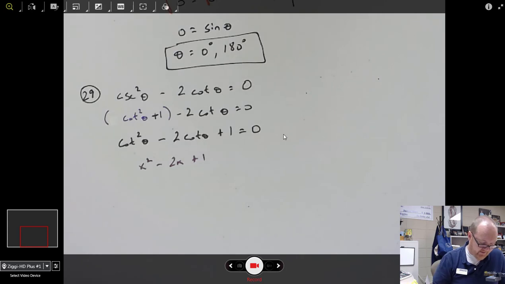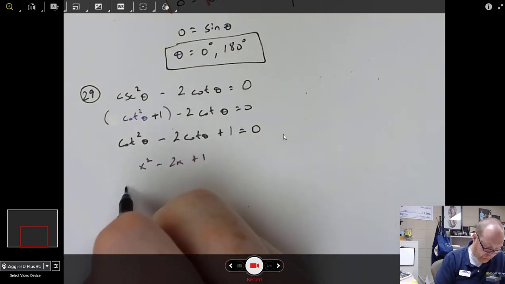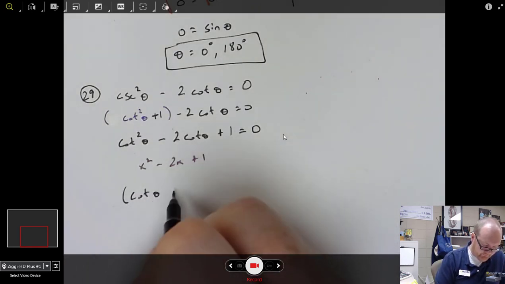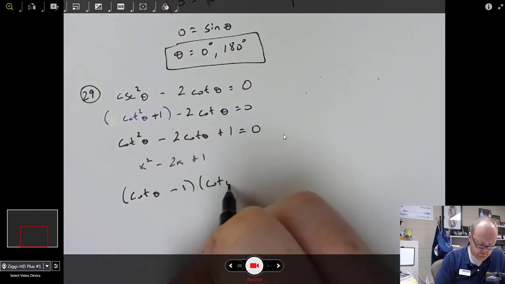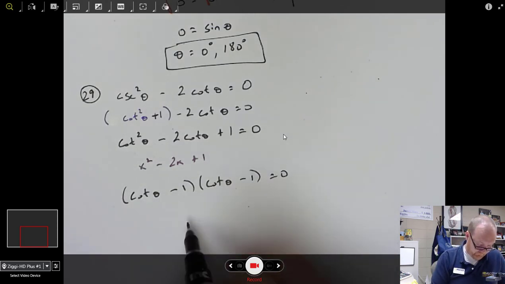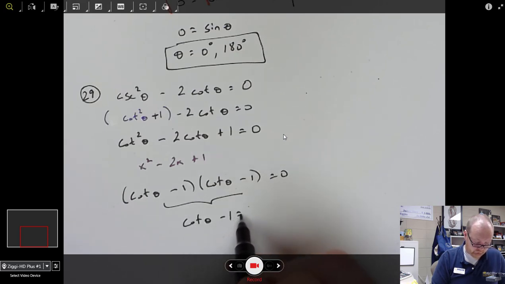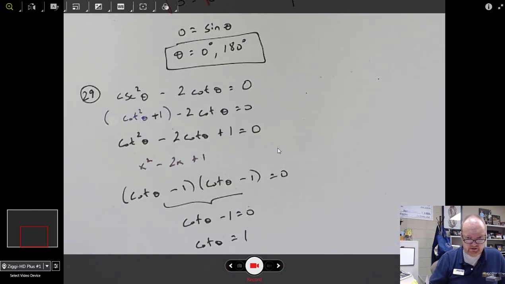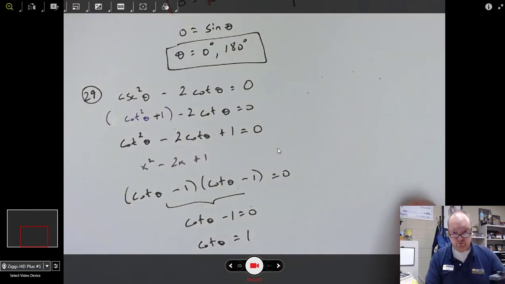So if I factor that problem, and again, you can go through all your factoring business, I believe it's going to factor into cotangent minus 1 and another cotangent minus 1. So although I have 2 factors, both of those factors provide for me a repeating solution, namely cotangent equal to 1.